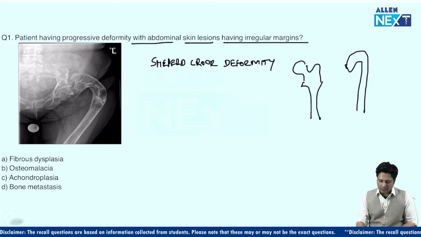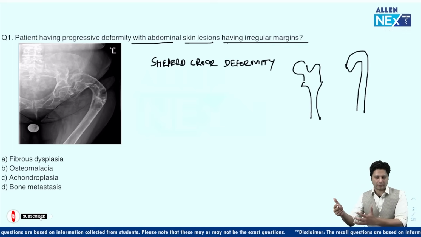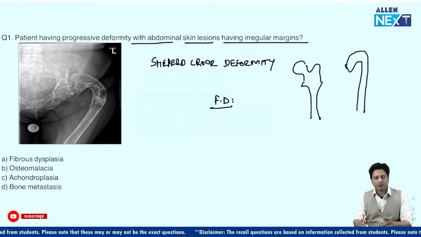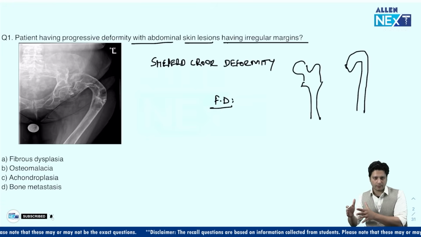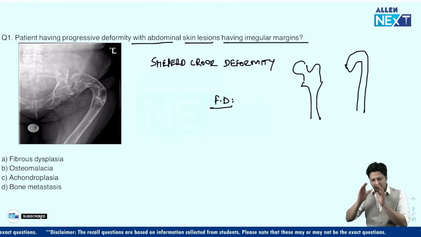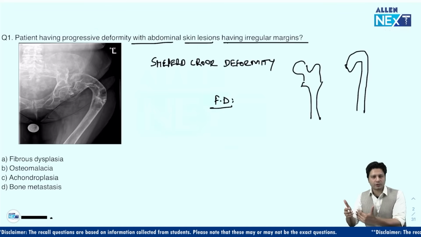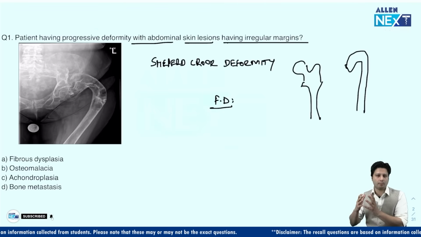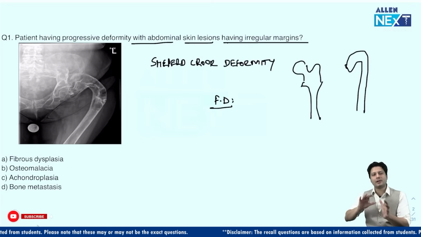If we talk about the pathology of fibrous dysplasia, in the histopathological examination, the cells which should differentiate into osteocytes, osteoblasts, adipocytes, or bone marrow cells have no clear-cut distinction.